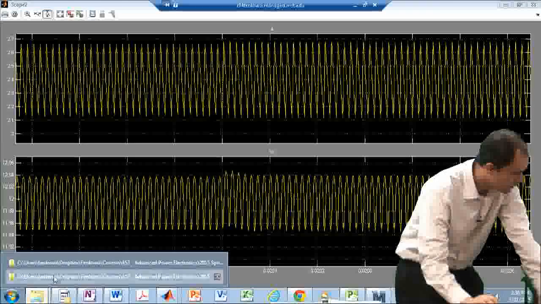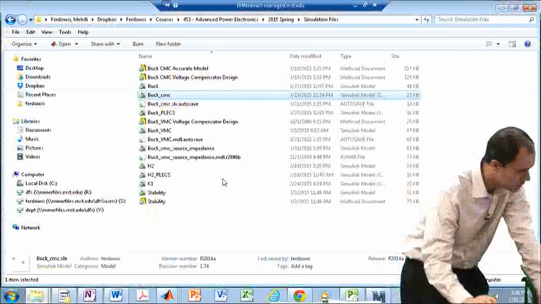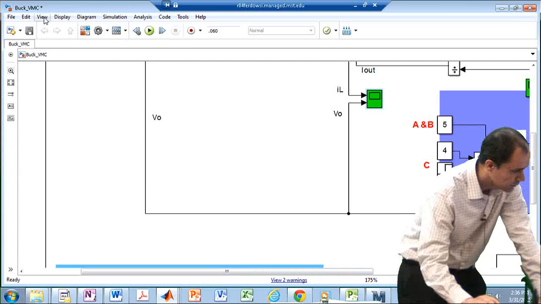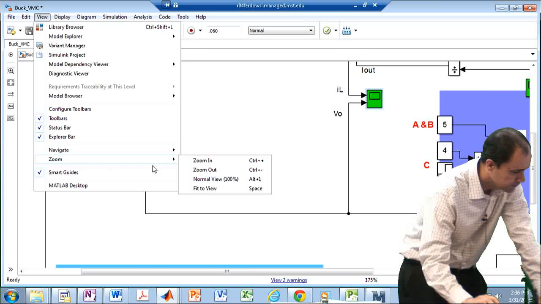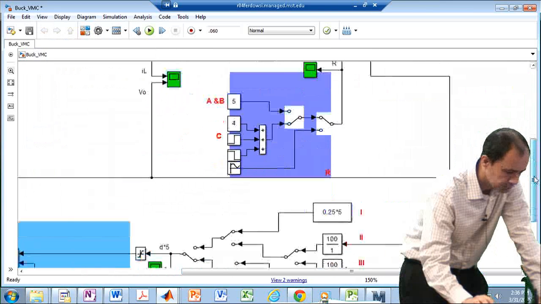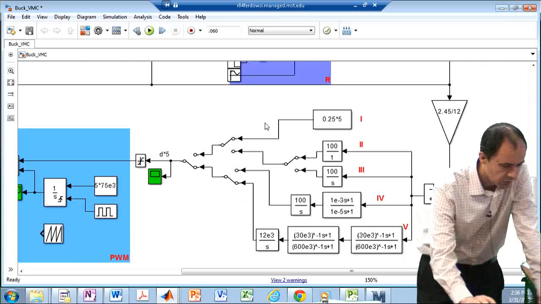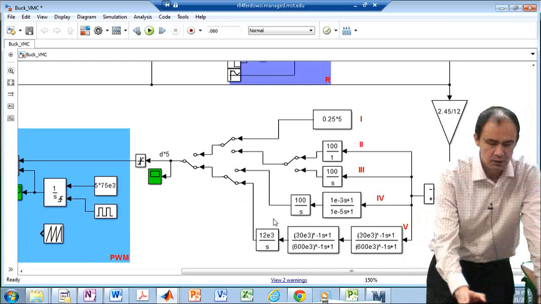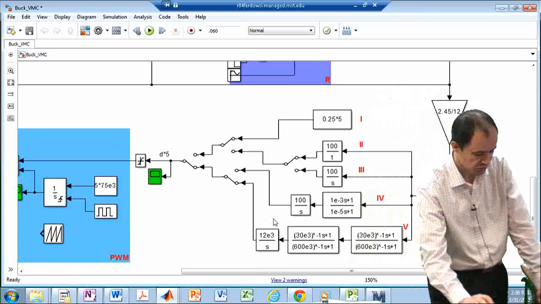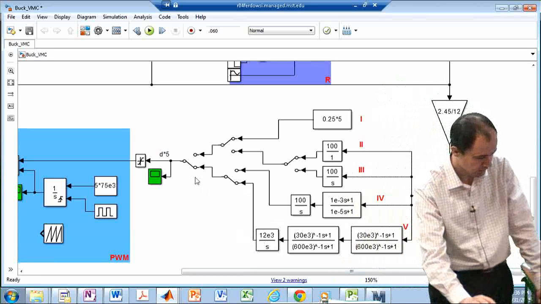If you don't remember how voltage mode control operates or behaves, let's look at almost the same topology. However, this time I am doing voltage mode control. Remember, we were suggesting different voltage compensation networks, and I'm using the fanciest one, the lowest one down here, basically.